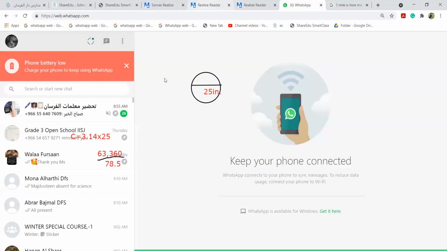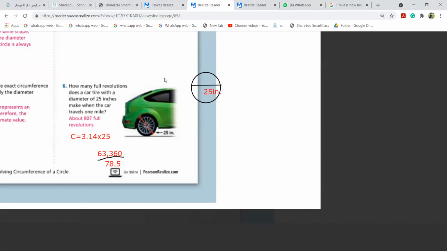So I write here, 1 mile is 63,360 inches.